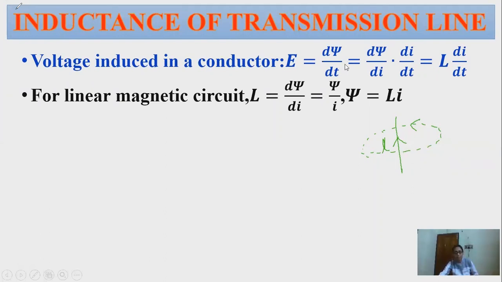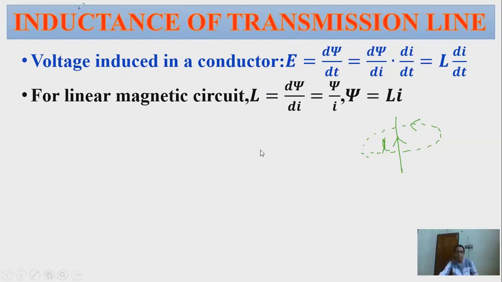And this expression again can be written as d psi di into di dt, and d psi di again can be written as L. L is nothing but the inductance. We can write the voltage induced in a conductor as E equals L into di dt, just by following Faraday's law.